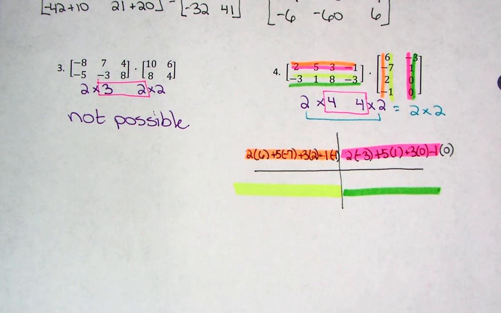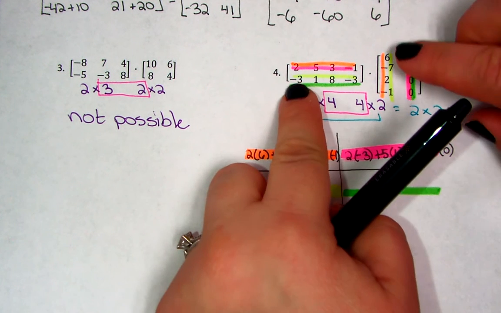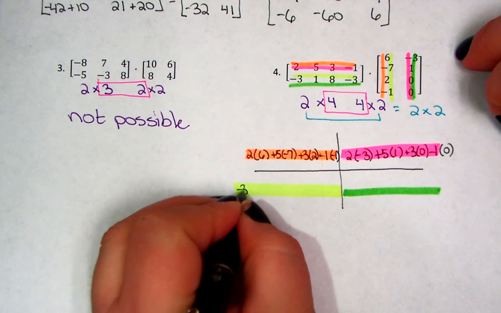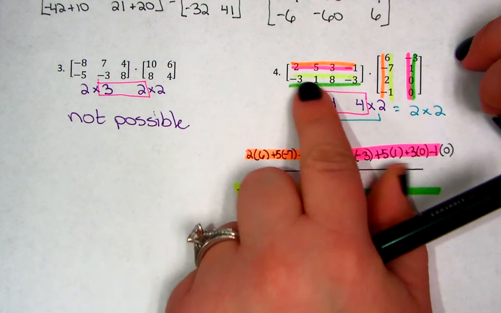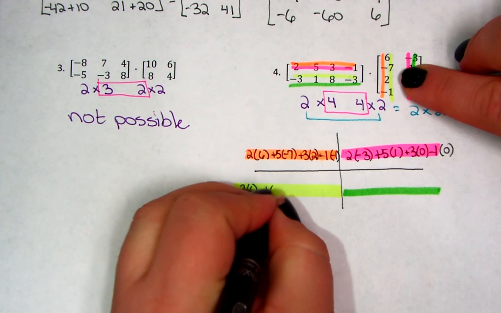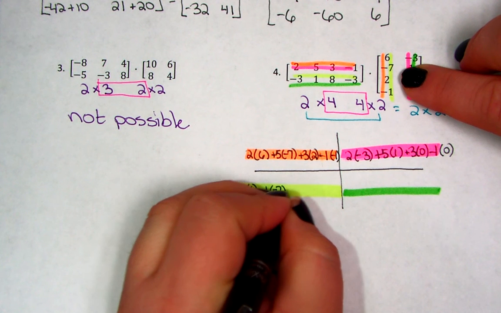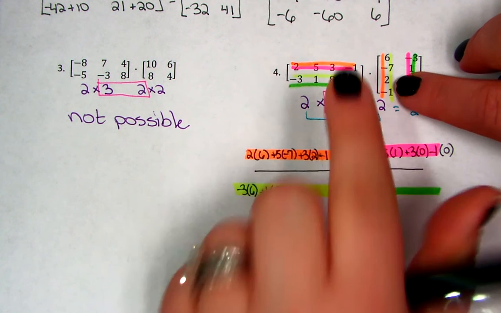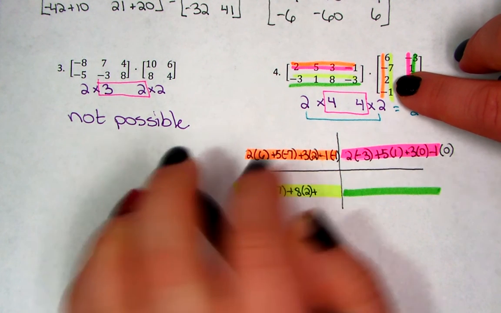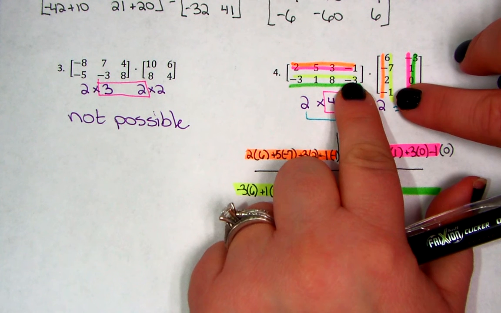Then we'll follow the yellow. Negative 3 times 6, 1 times negative 7, plus 8 times 2, plus negative 3 times negative 1.